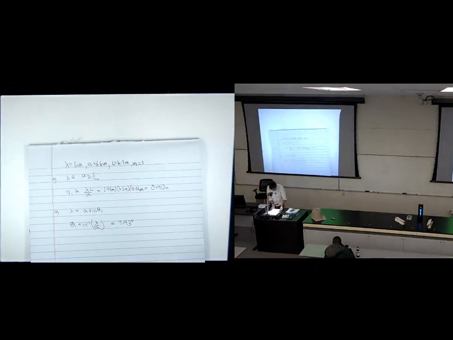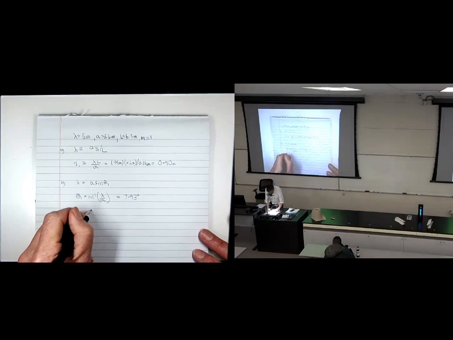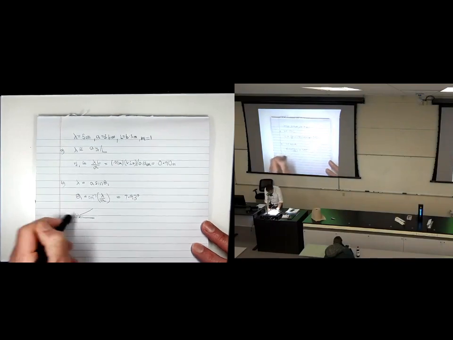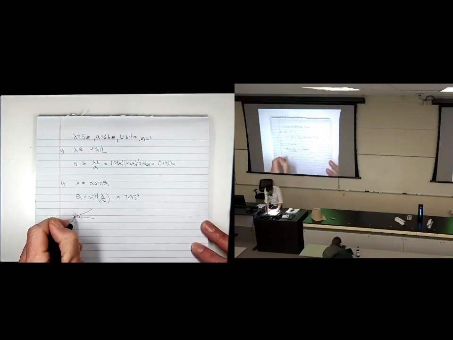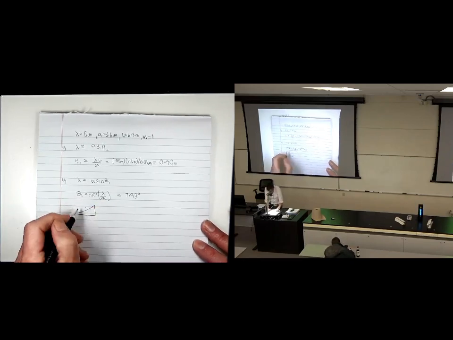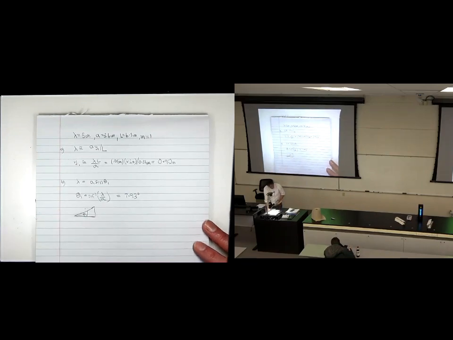Once you've got the angle of the dark fringe, we could calculate the position of the dark fringe. Let's imagine this triangle. Here's a triangle. Here's the angle that we just calculated, theta 1.